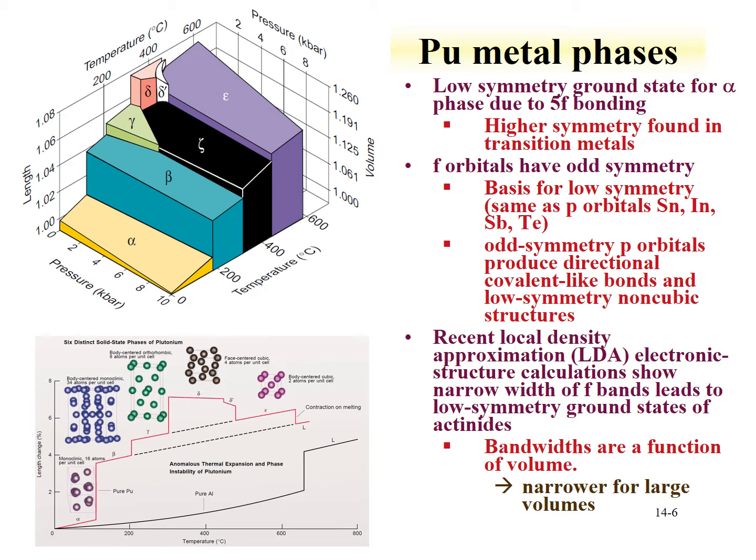The other thing that can be pointed out here, compared to aluminum, which just has one phase that increases in length, and then when it reaches its melting point, the density decreases. Very simple system. Plutonium is much more complicated with these different phases, and added to that is the fact that the liquid is more dense than the highest temperature solid phase.